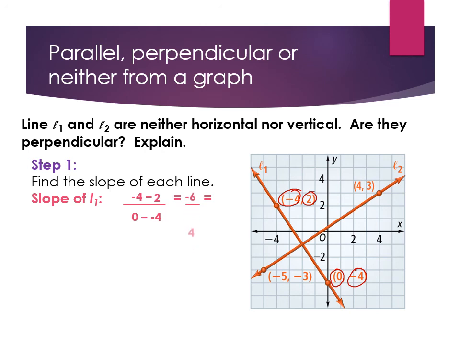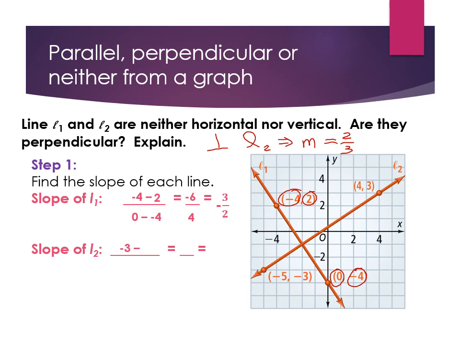When it becomes double negative, it becomes addition. So this simplifies to -3/2. So our prediction is that if line L2 is going to be perpendicular, then the slope of this should be positive 2/3, because that's the opposite reciprocal. All right, let's check it.